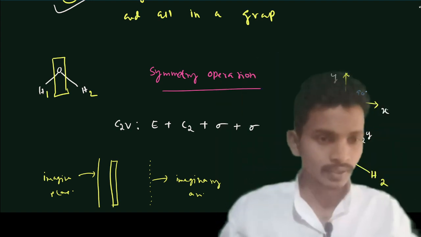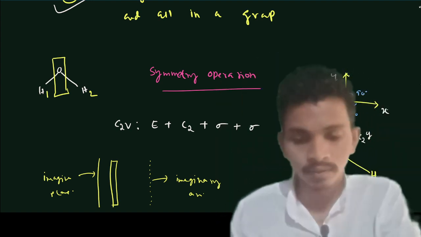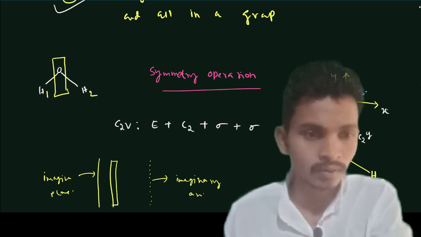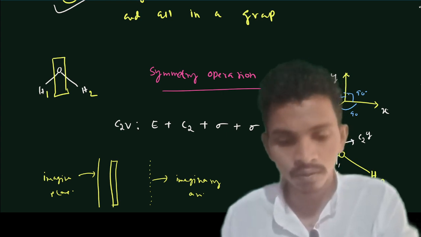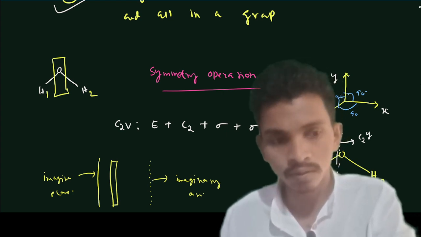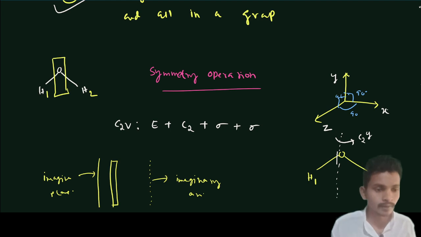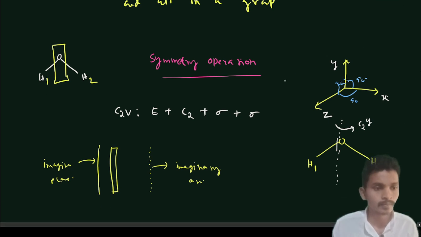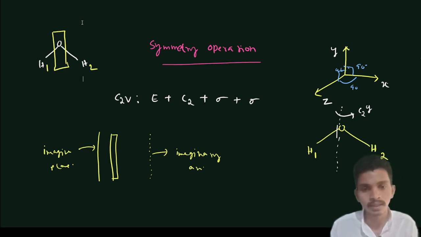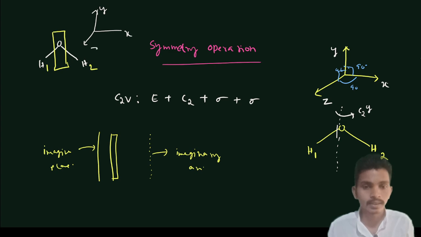Okay, so here this is the y-axis, this is the x-axis, and this is the z-axis.